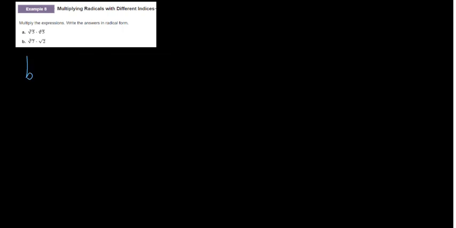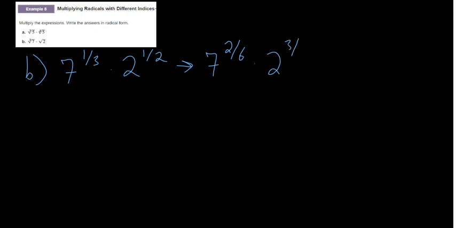So for B, we're going to write 7 to the 1/3 times 2 to the 1/2. We're going to use the same kind of idea that we did on the previous page. Now a common denominator, that is a pretty easy one. It's 6. So we're going to write 7 to the 2/6 times 2 to the 3/6.